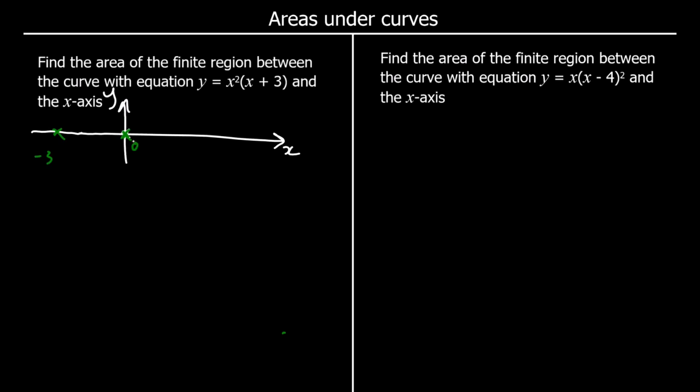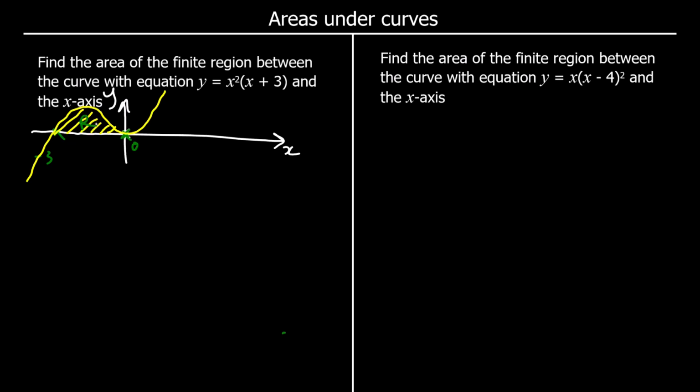It's a positive cubic, and it's got a repeated root at 0. So it comes up, has a repeated root at 0, and then keeps going. The finite region between the curve and the x-axis is this region here.